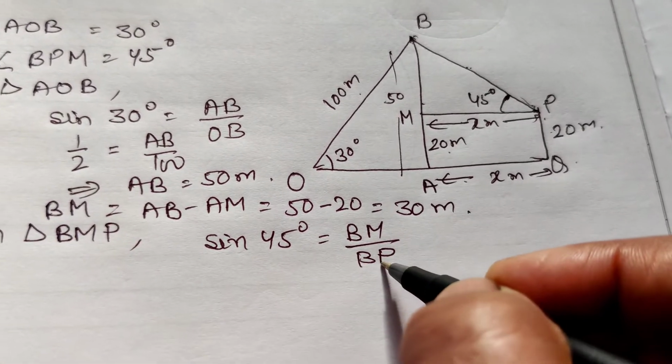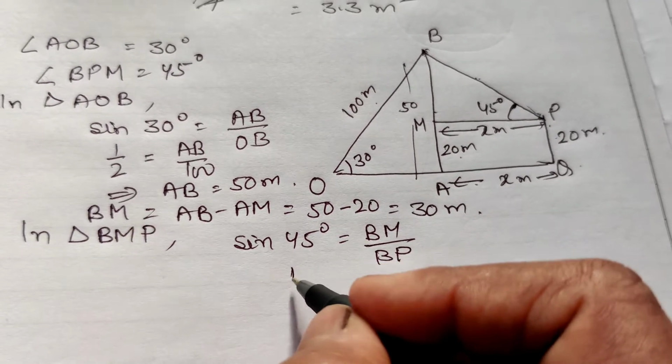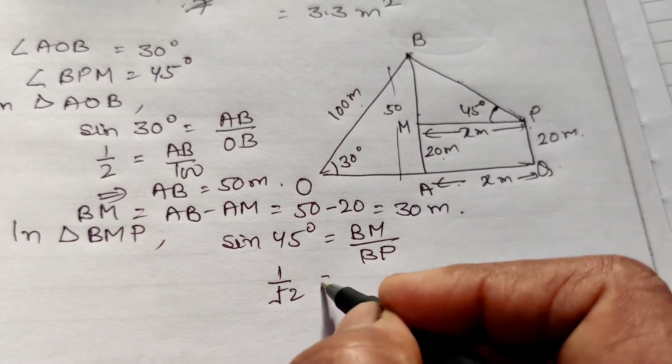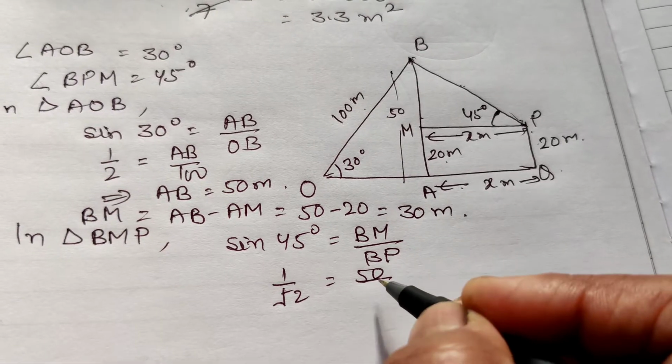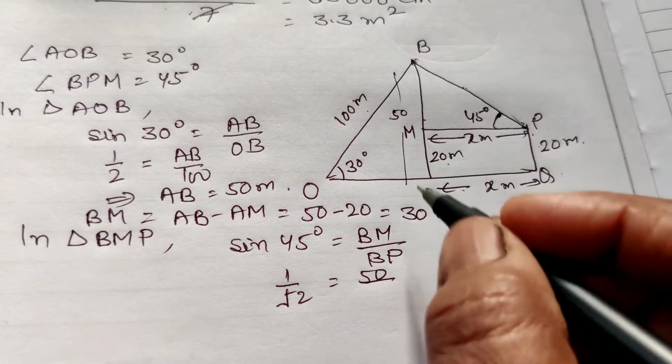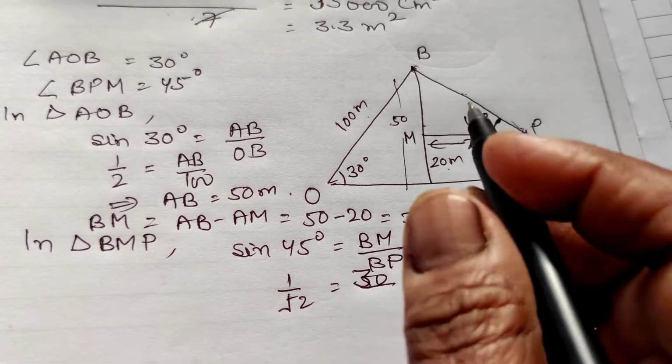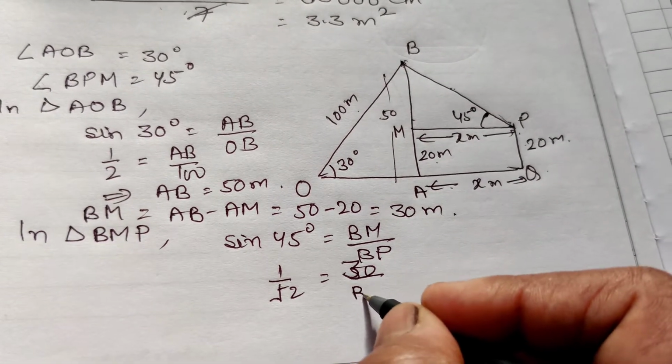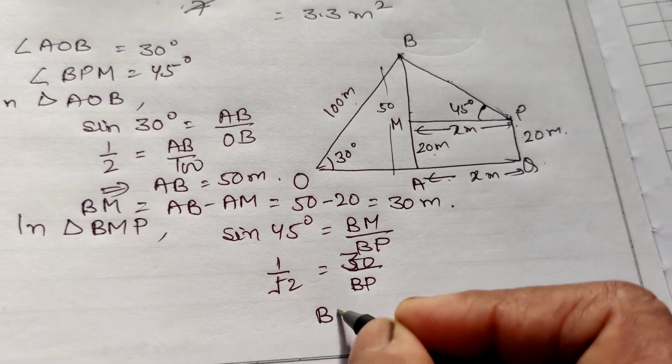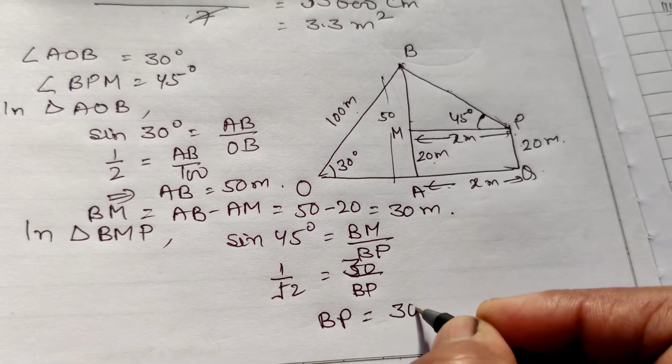Actually we have to find BP only. So sin 45 is 1 by root 2, BM is 50 minus 20, 30 by BP. It means BP equal to 30 root 2 meter.